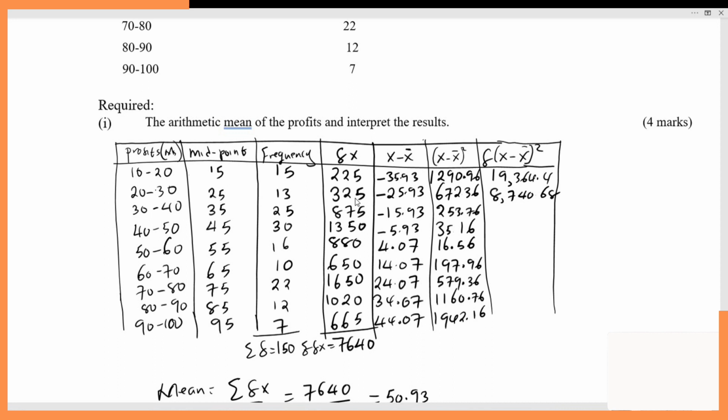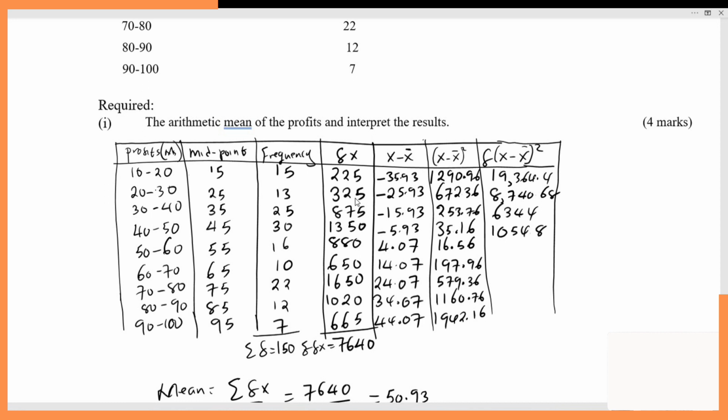Then I have 253.76 multiplied by the frequency, which is 25. I get 6,344. Then 35.16 times the frequency, which is 30, gives me 1054.8.